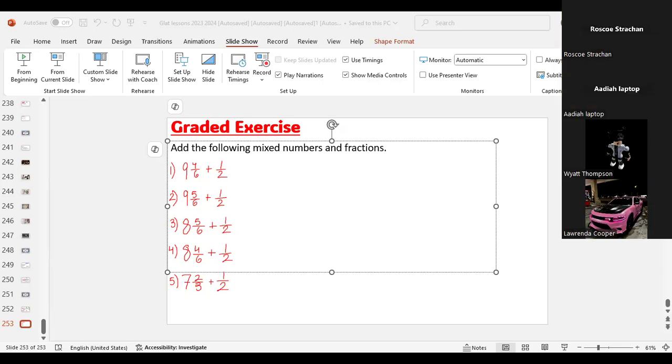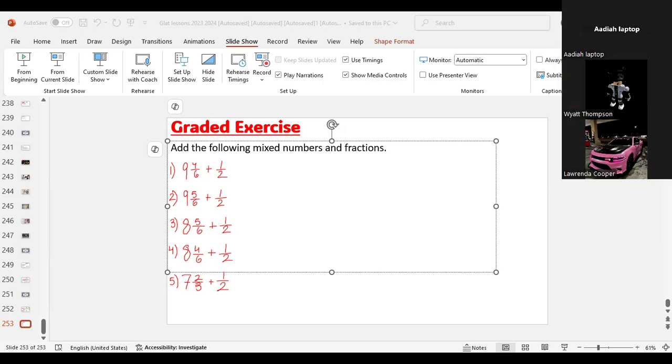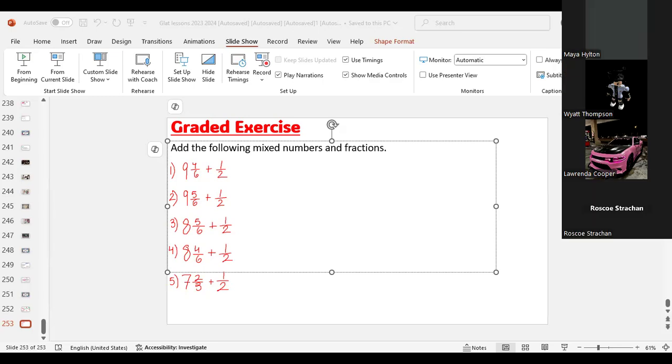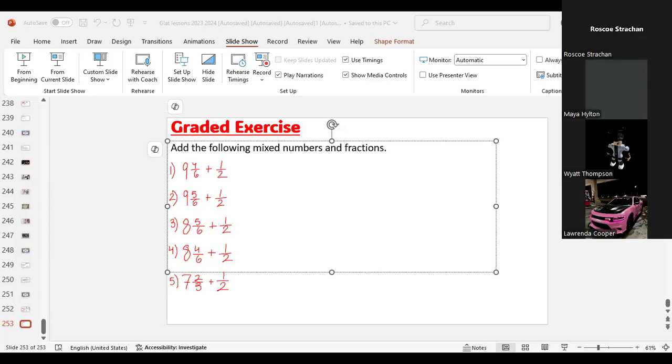Adaya, what number you on? Answer number 2 on the last section. Okay. Roscoe, what number you say you on? Number 5 now.